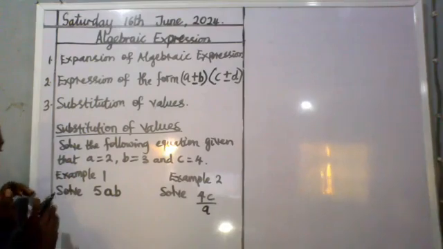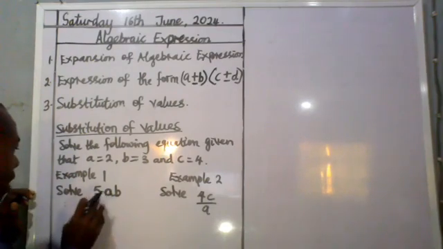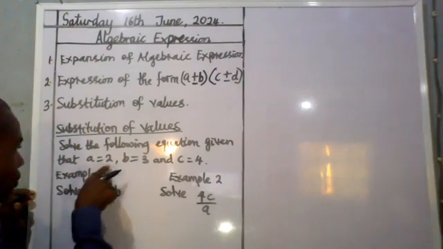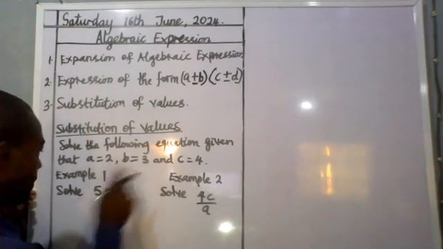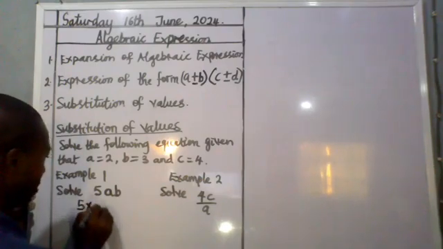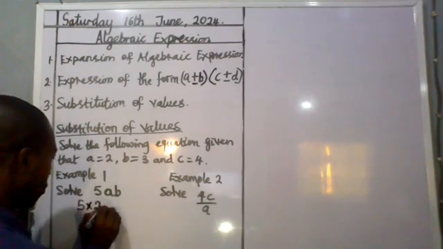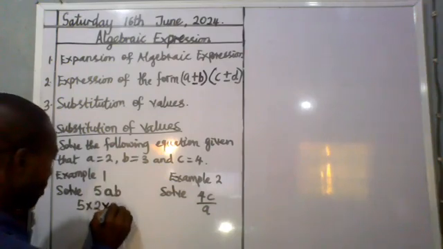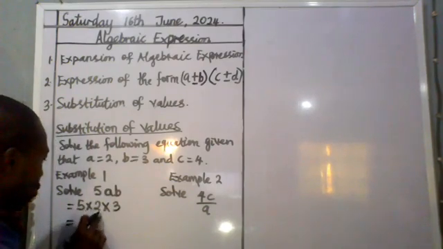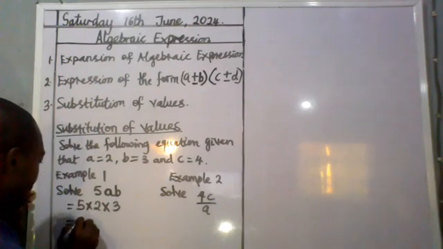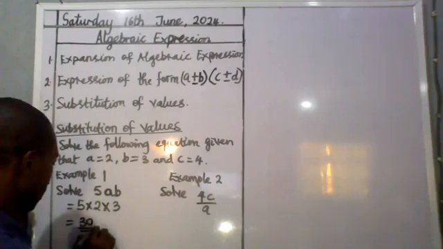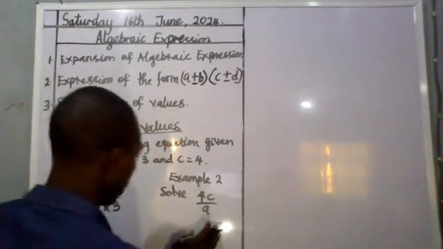Now let's first do this. Now solve 5ab. It means that we are going to substitute a for 2 and b for 3. It goes this way. 5 times a is what? 2. times b is what? 3. And that will give us what? 5 times 2, 10, 10 times 3, 30. So the answer is 30. Great.